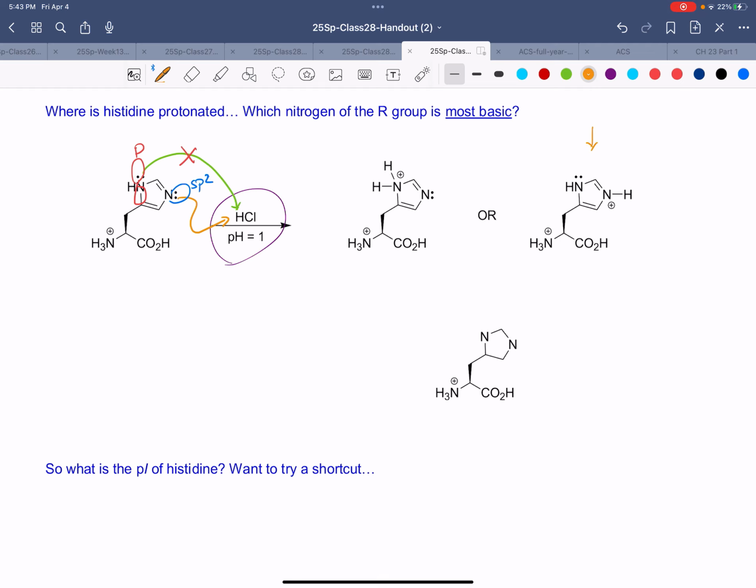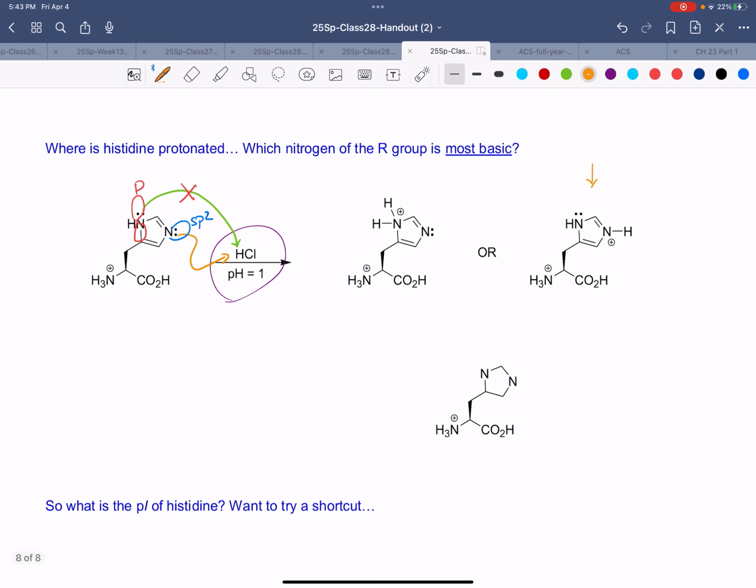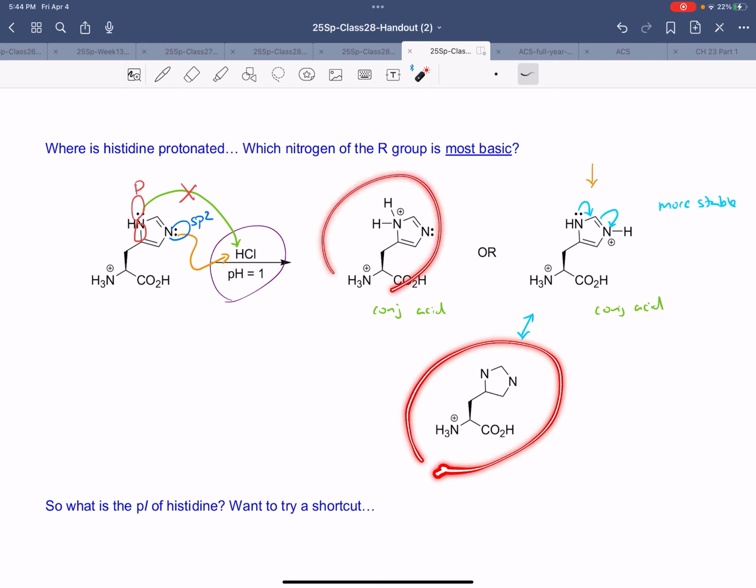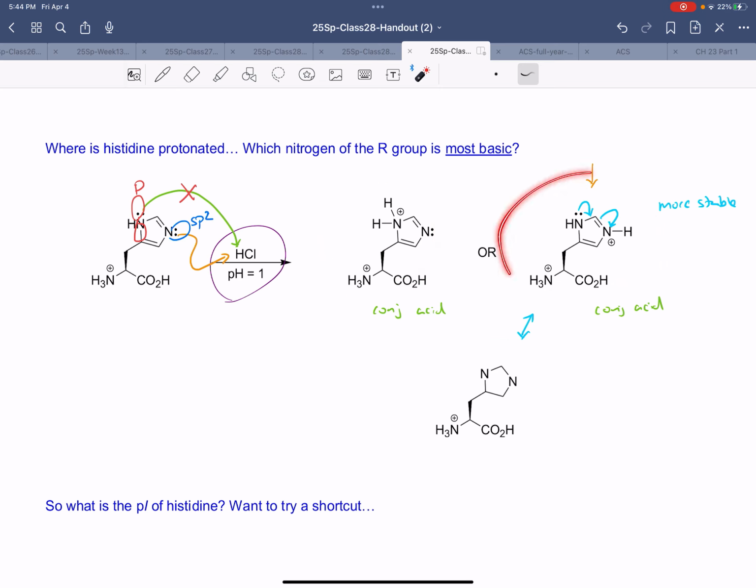Now, there's another way to go about this. We can look at stability of the conjugate acids, right? These are the conjugate acids. Our two options are shown. This option here is more stable because of resonance. Look at this. If I do this, I get a resonance structure. See, I was setting up, is this resonance structure coming from here or coming from here? It's coming from here.